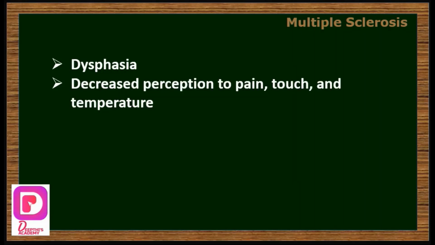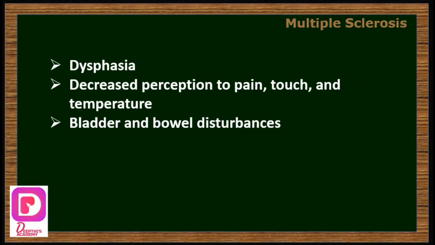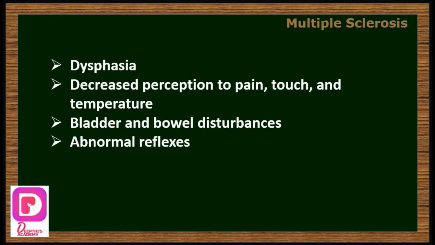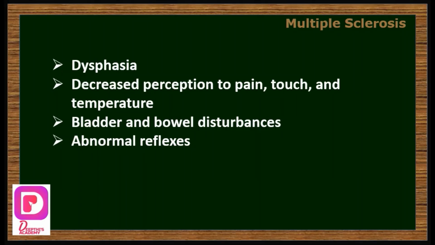Next assessment, decreased perception to pain, touch, and temperature. Bladder and bowel disturbances including urgency, frequency, retention, and incontinence. Abnormal reflexes including hyperreflexia, absent reflexes, and a positive Babinski reflex.